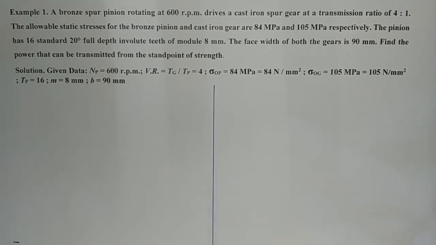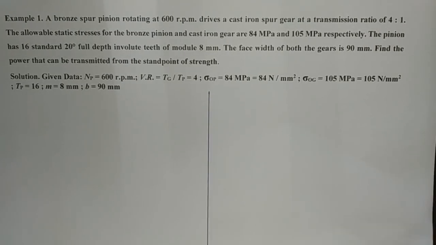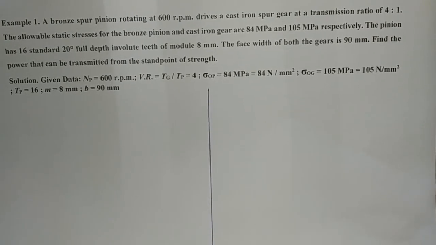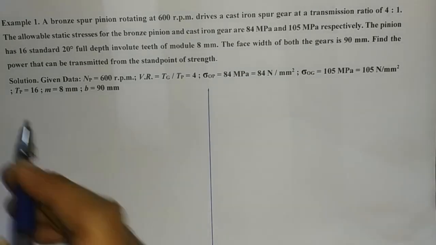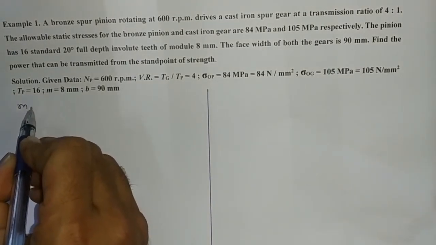Now let us start. First of all, you have to find the pitch circle diameter of pinion. Pitch circle diameter of pinion you can find by using the equation dp is equal to m into Tp, where m is module.